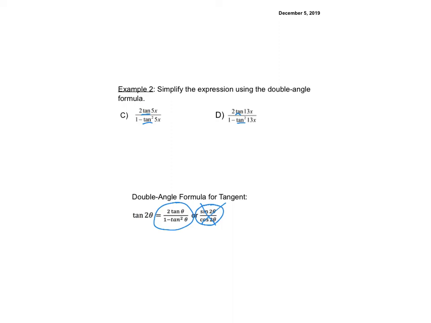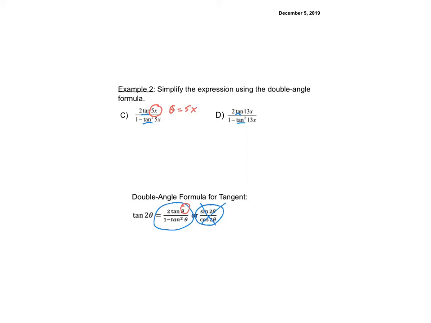So what's theta this time? If you look at the second part here, it says 2 tangent of 5x. Well, tangent there looks almost like this: 2 tangent, this has theta, that has 5x. So our theta there is going to be 5x.